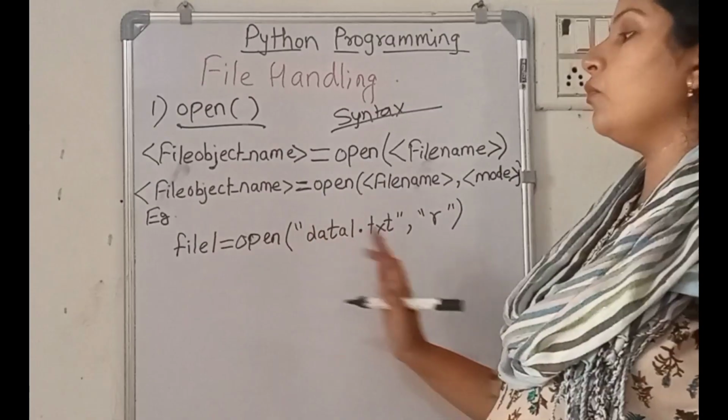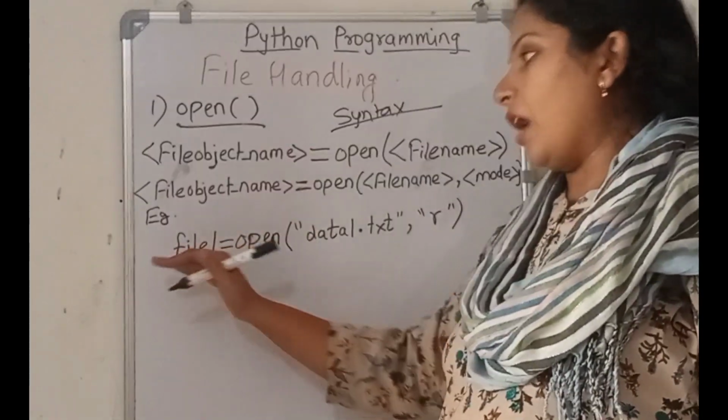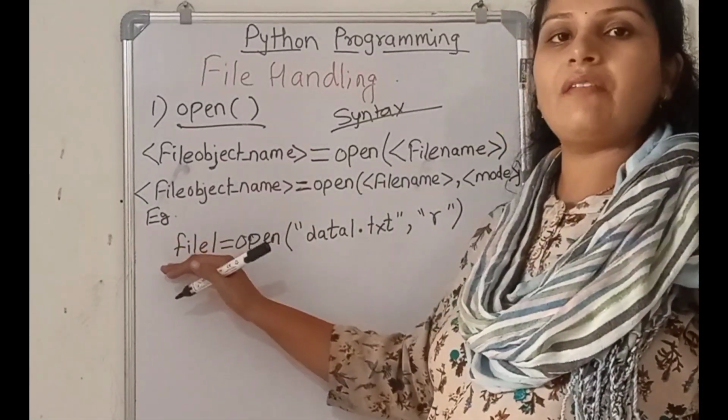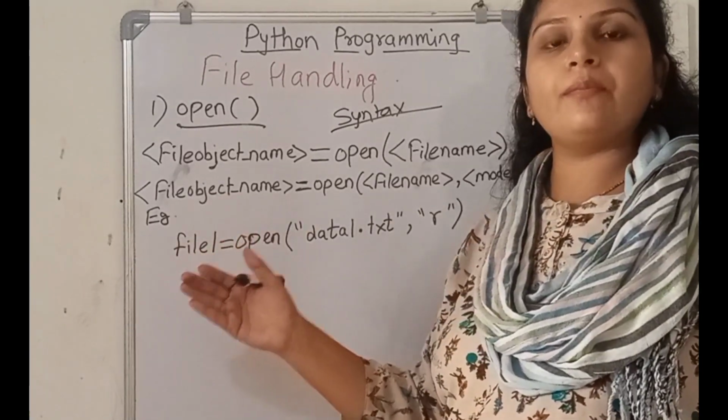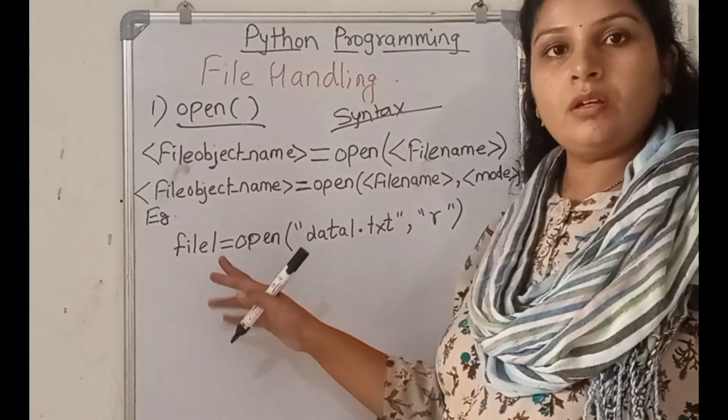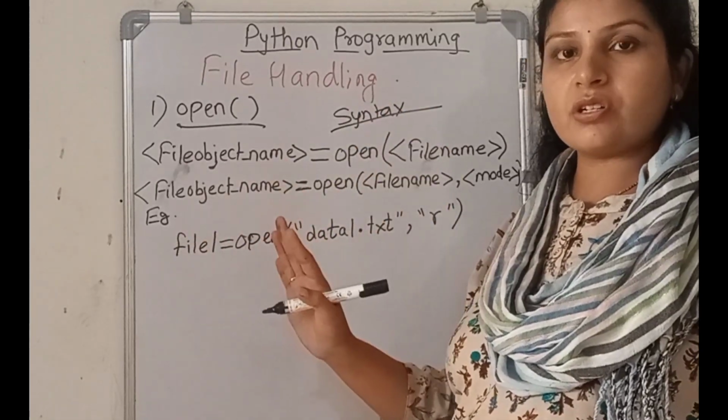So here I am opening the file. After opening this, I have all the access in file1. So in the program, I will use file1 to perform all the operations.